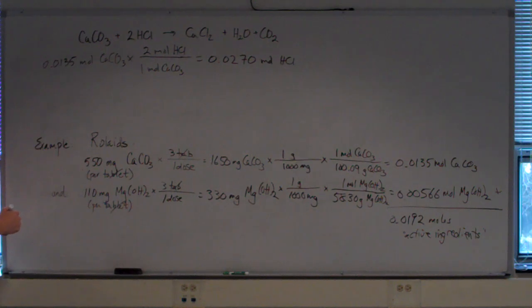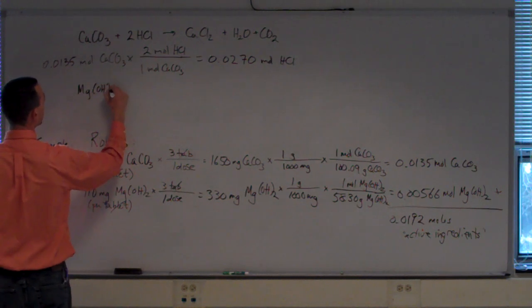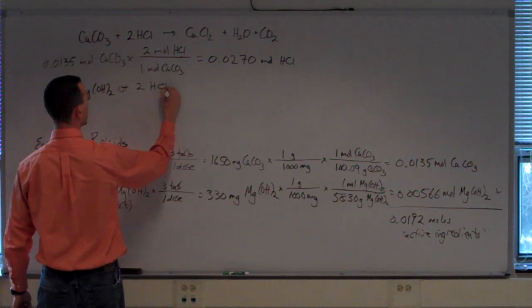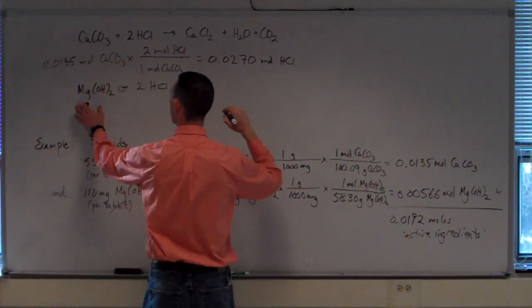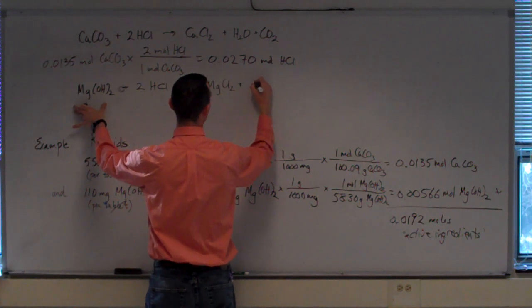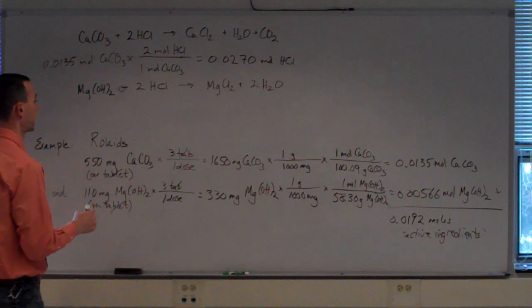And then on the magnesium hydroxide side, it's actually a 1-to-2 ratio here as well. It takes 2 HCl to eliminate a magnesium hydroxide, forming MgCl2 and 2 waters in this case. No gas is being formed in this reaction.